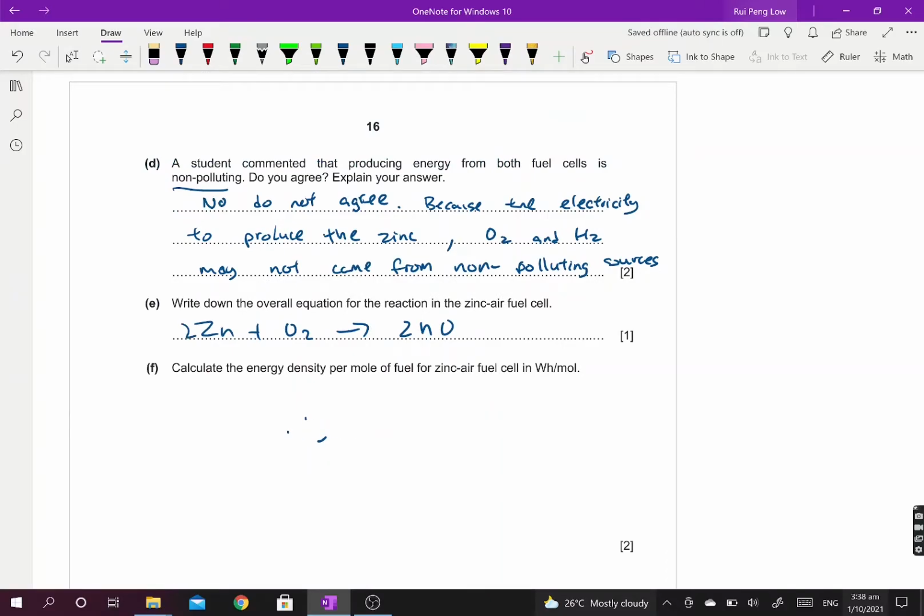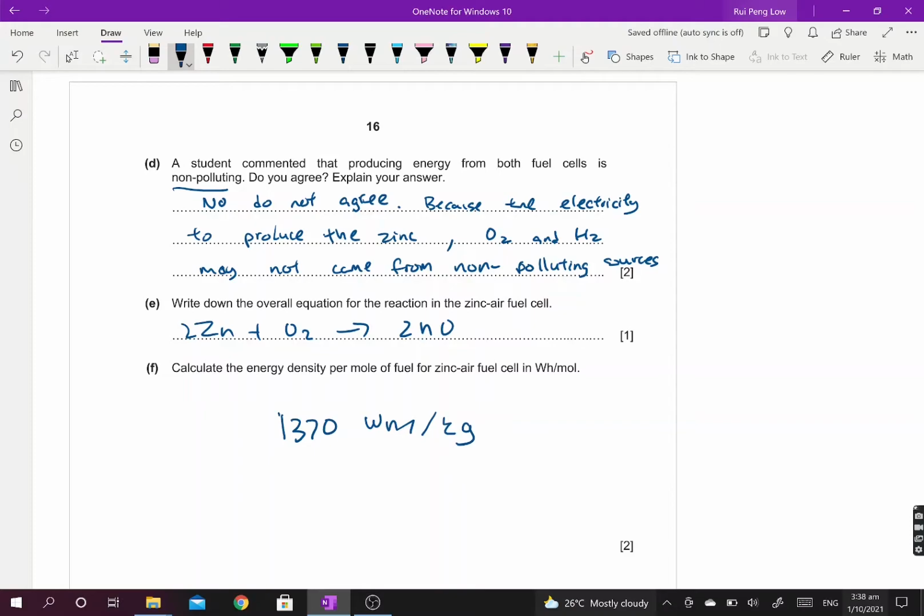Okay, so basically you have 137 watt hours per kg. Now, how do we convert it into watt hours per mole?